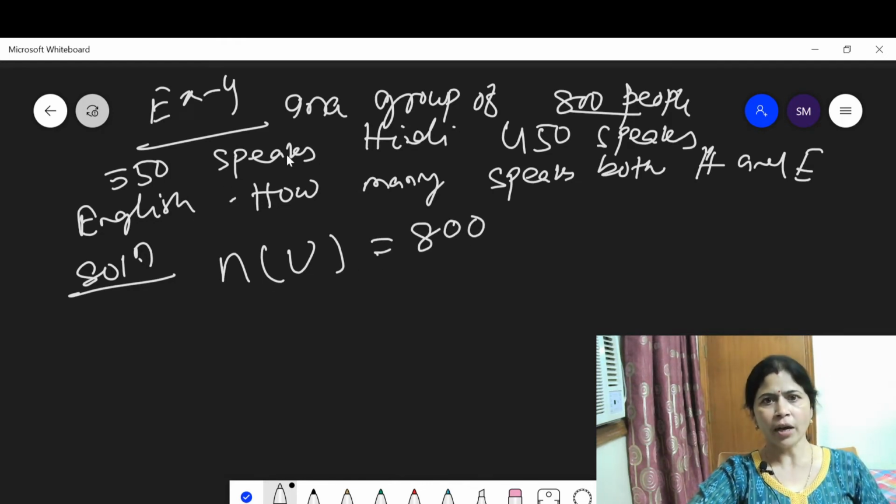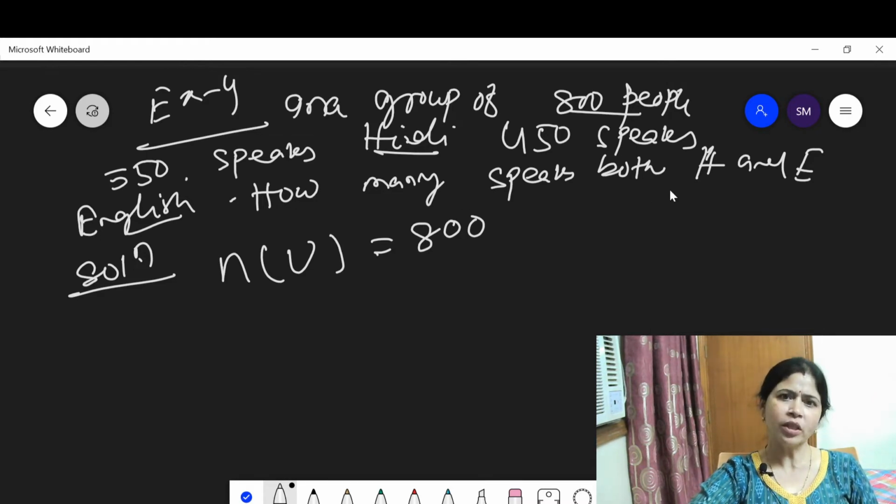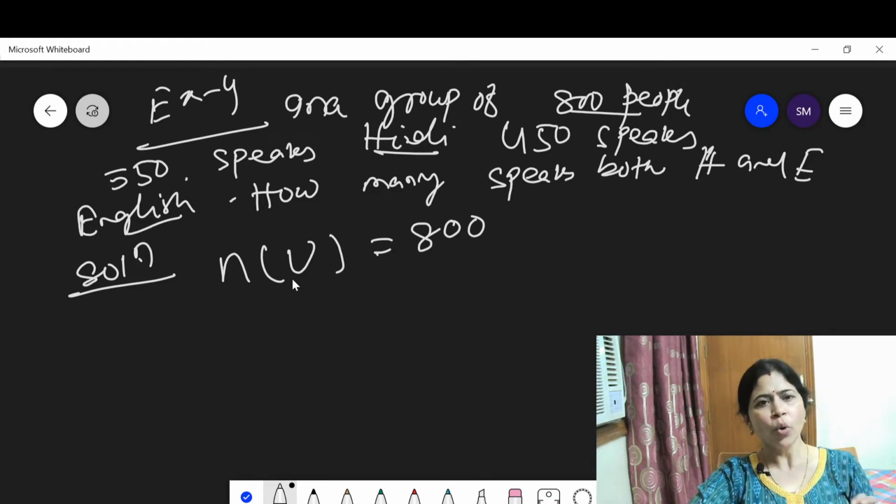And 550 speak Hindi, 450 speak English. Then we have to find out how many people speak both Hindi and English. This means we have to find the intersection of H and E, the people who speak both Hindi and English.